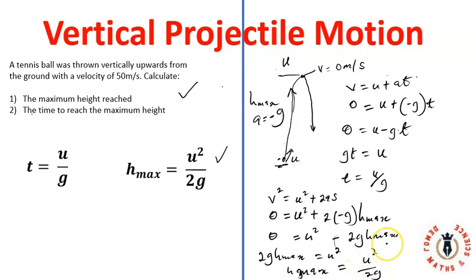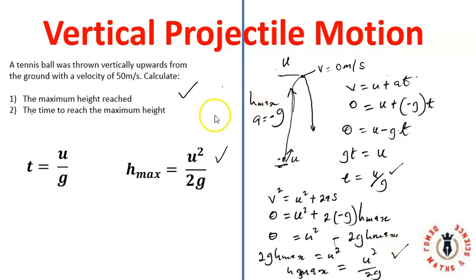What I've simply done is make h max the subject of the formula. We have a lesson that covers how to treat subject of formulas and functions. I will place a link in the description in case you need more lessons on that. So with that, we can see that our t is equal to u over g, and at the same time, our h max is equal to u squared over 2g.